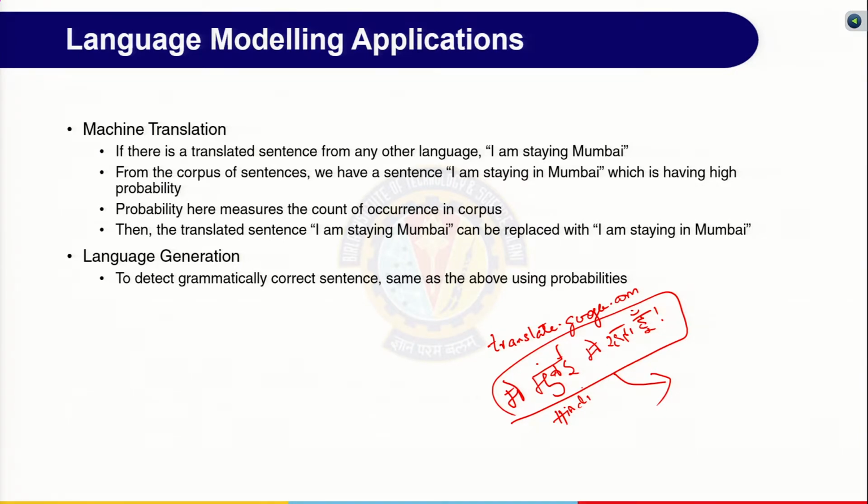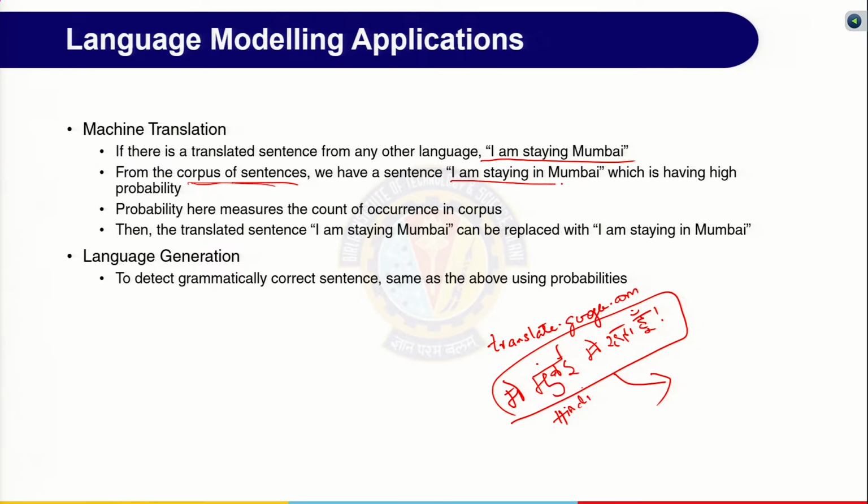So, given this particular sentence in Hindi, now I have a probable sentence which says, I am staying Mumbai. So what I do is that I have a full list of sentences in natural language processing domain. Whenever we talk about a data or a collection of sentences, we call that as a corpus. So I have a corpus of sentences, and now I try to calculate what is the probability of two of my probable translations.